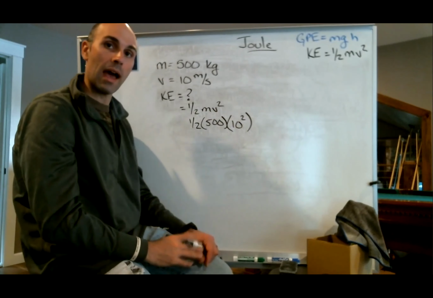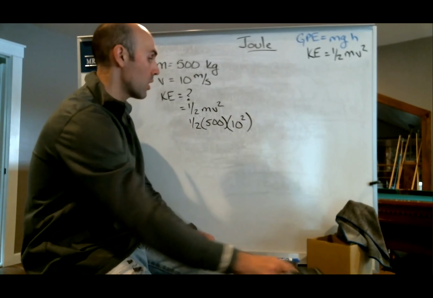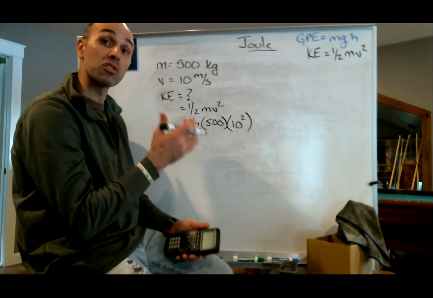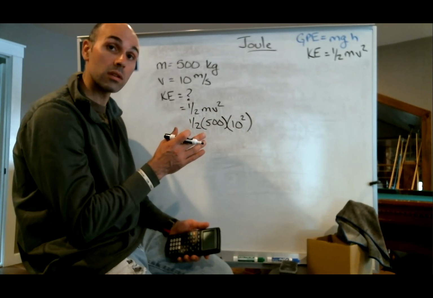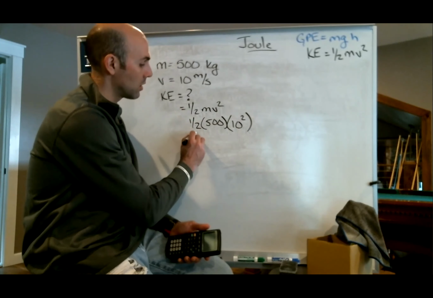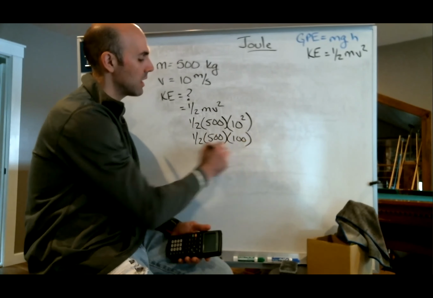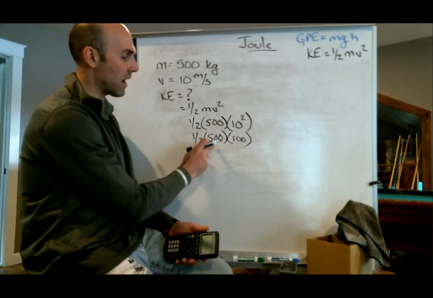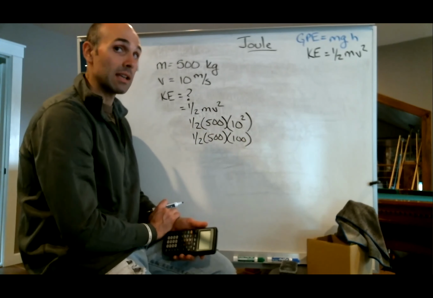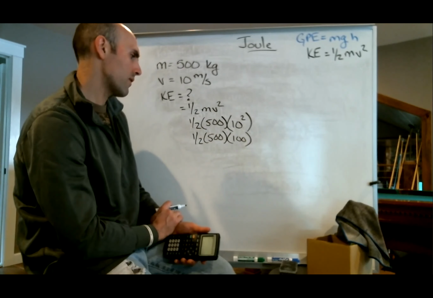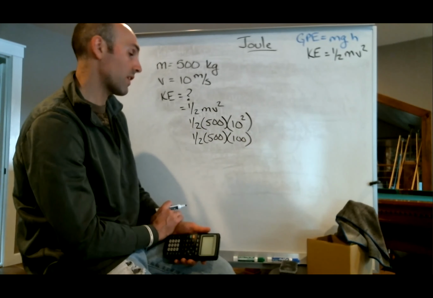You do not square the half. So we plug this in. We're going to make sure to square our 10 first. Okay, follow your same math rules. 1/2 times 500 times 100. And then we're going to multiply through 500 times 100 equals 5,000.